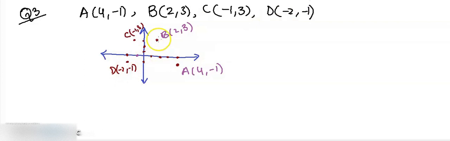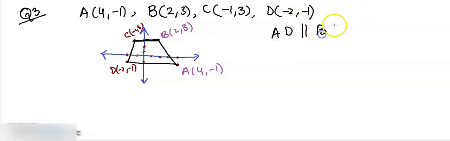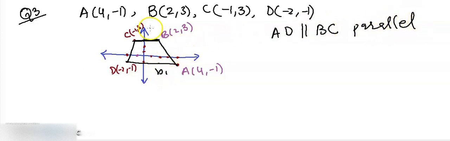So how my trapezium looks is like this, which is quite nice, as we have been discussing in the theory. If you realize, side AD and side BC are parallel, so just call these B1 and B2.